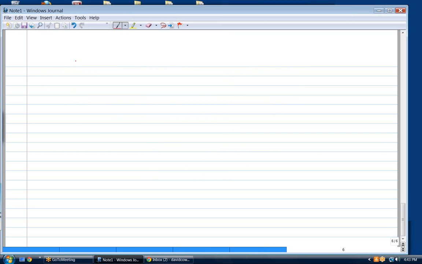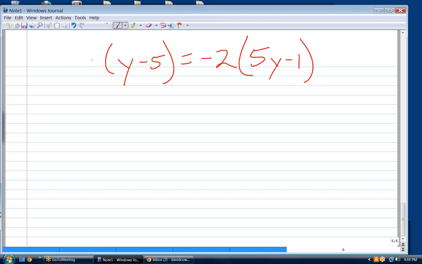So the next problem is x + 6(y - 5) = -2(5y - 1). I think I left something off from the left side of the equation. What was in front of the parentheses?